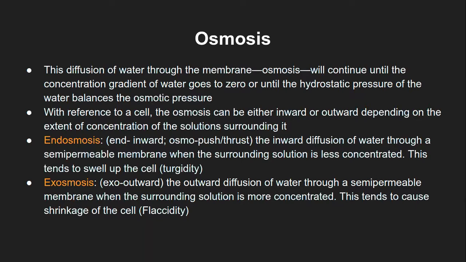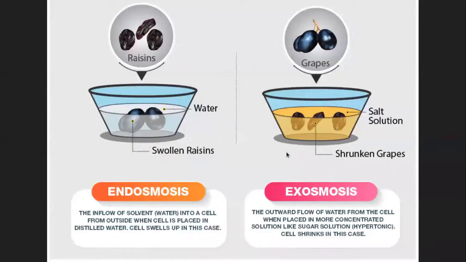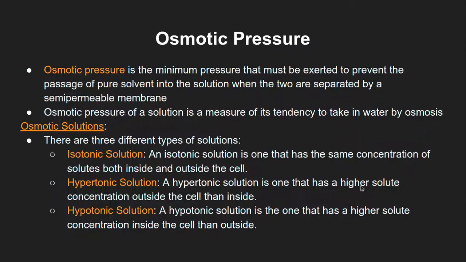So the movement of water molecule or solvent molecule through a semi permeable membrane outside the cell, that is exoosmosis. And we had looked at this example when the raisins are soaked in water, they swell up because they take in water, that is endoosmosis. And when the grapes are put into the salt solution, they lose water, so that is the process of exoosmosis.